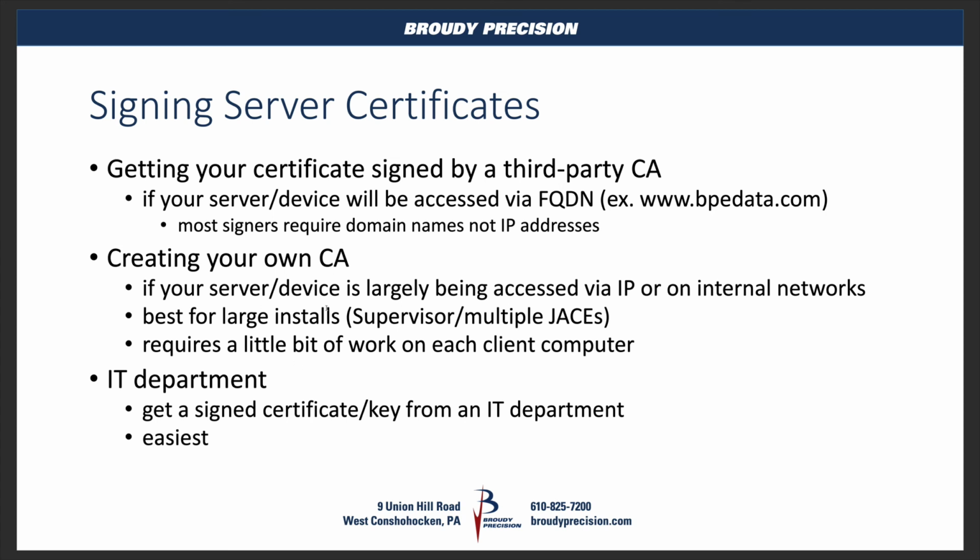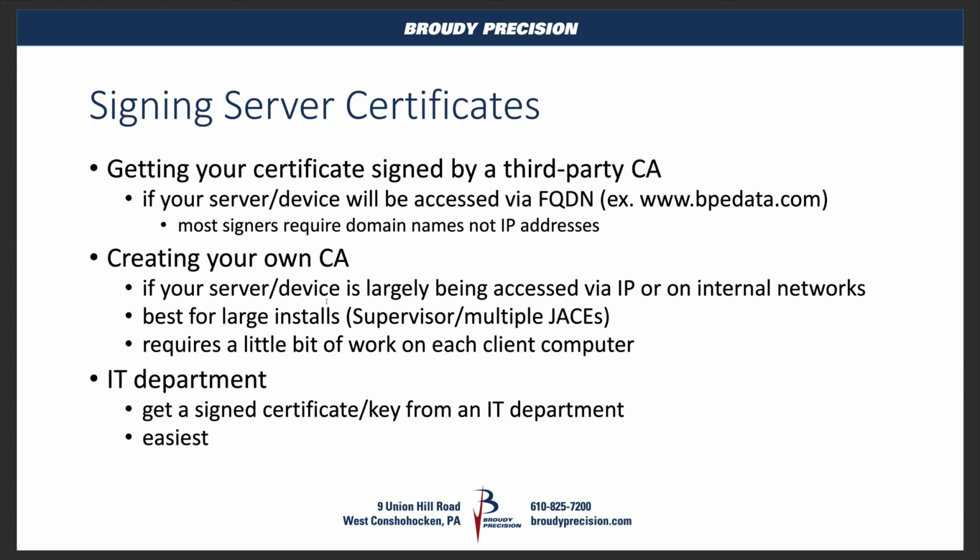You also have the ability to create your own certificate authority through Workbench, and that's something we'll talk about in a few videos. This is good if you have a large site, or a supervisor and a bunch of JACEs, and you're going to be accessing everything through IP addresses and not through domain names potentially. Either way will work, but it tends to be the easiest thing to do if you're accessing everything through IP addresses.